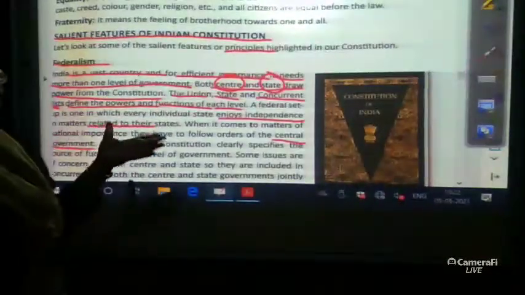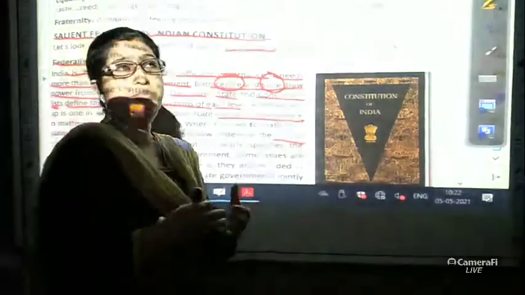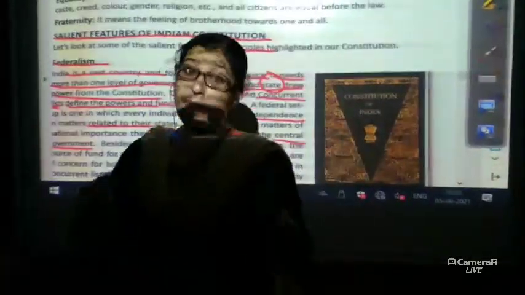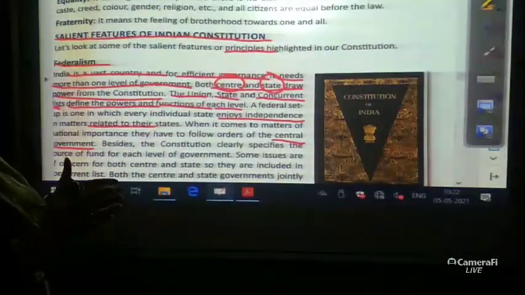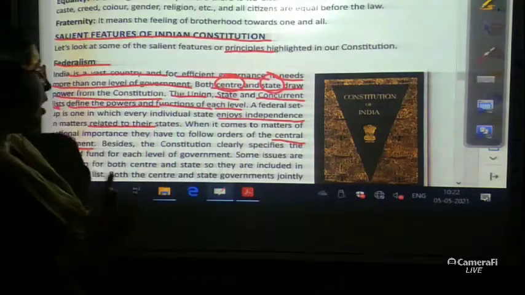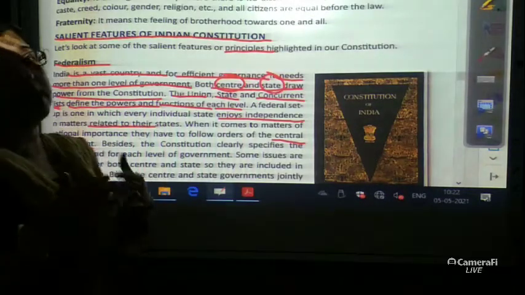So whatever benefits are given by the state we all enjoy, but when it becomes a matter of national importance, then who gives the order? We should follow the central government's order.